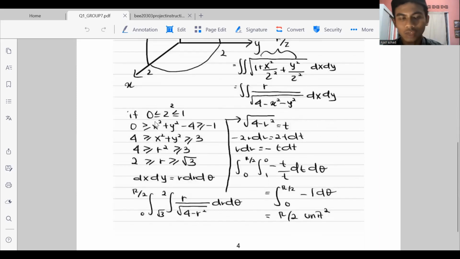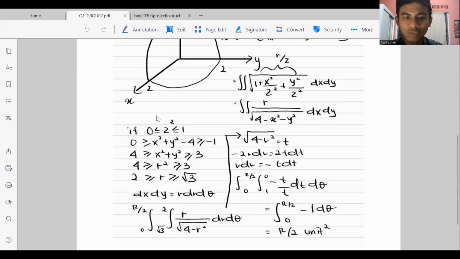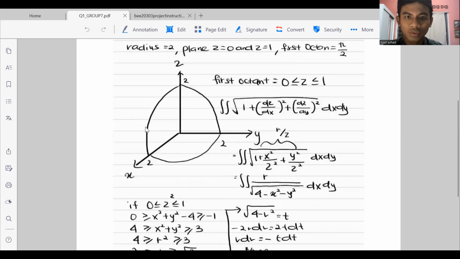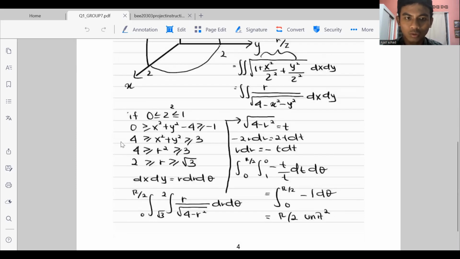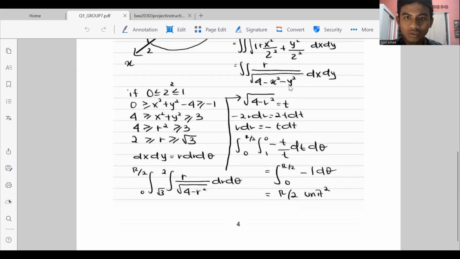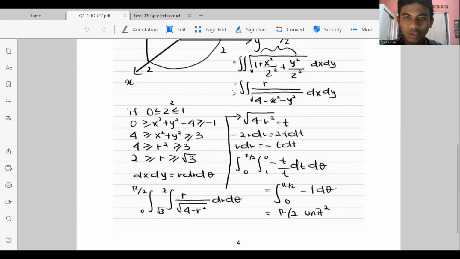If the equation is 0 less than or similar to z squared, less than or similar to 1, then we can assume from the equation to finally get 2 larger or similar than r and larger or similar than square root 2. From the calculated equation, which is the integrated equation we did before, we can change the x squared minus y squared into r squared.